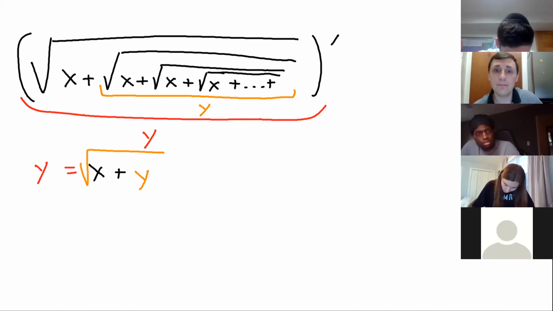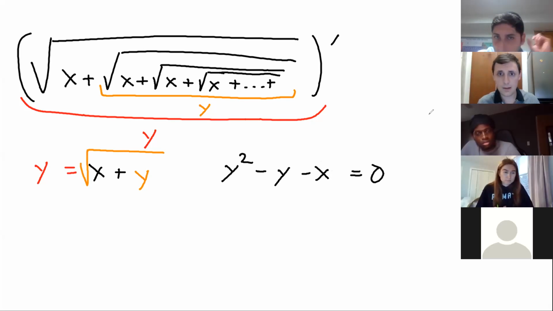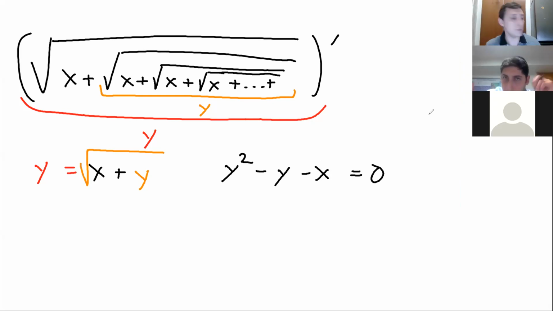You agree? And so what happens then? Then we see that I can solve this equation. This is just y squared minus y minus x equal to 0. I square and move everything to one side. You with me? This is a quadratic equation. So what is y?